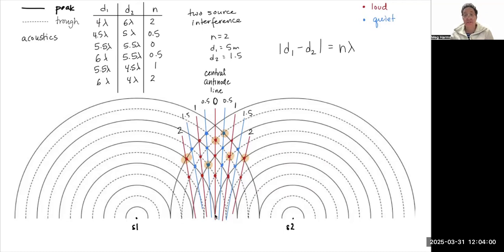Then I could actually use this to figure out what the wavelength of my sound is. And so I would do the absolute value of 5 minus 1.5, that's 3.5, equals 2 wavelengths. And so our wavelength is 1.75 meters.